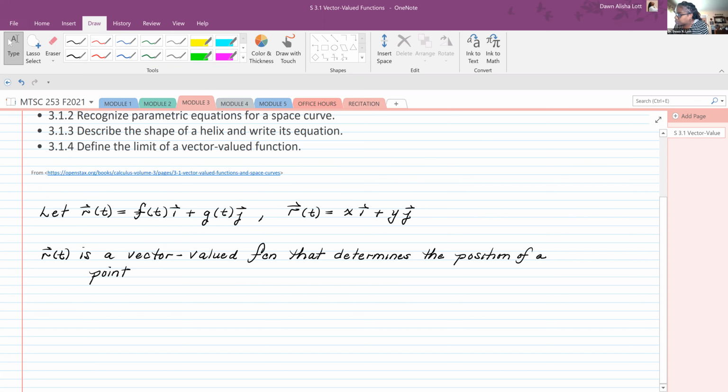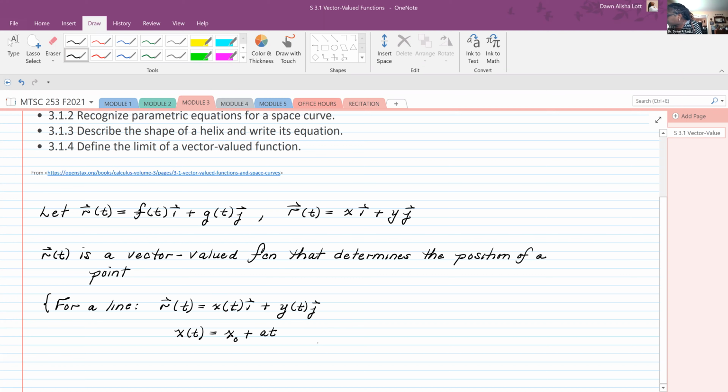So for a line, we had r of t equal to x of t i plus y of t j, where x of t was x naught plus at, and y of t was y naught plus bt.